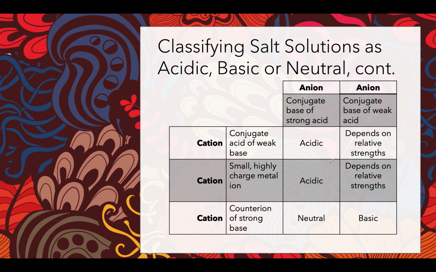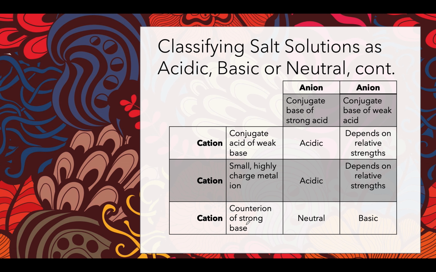You are welcome to memorize it, but honestly, if you have your 6 strong acids and your 6 strong bases memorized, and you can determine whether or not that conjugate base comes from a strong acid, or that cation comes from a strong base, the rest of this is going to fall into place with those rules. Strong acids are going to form a neutral base.